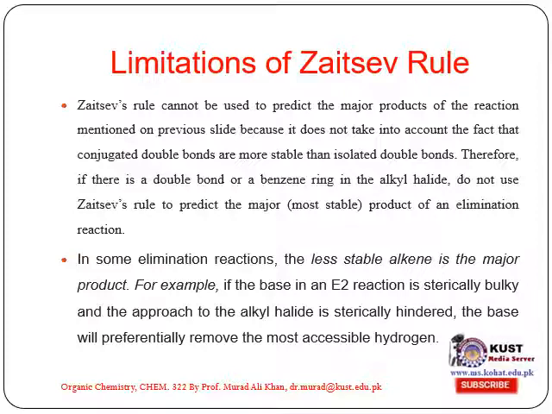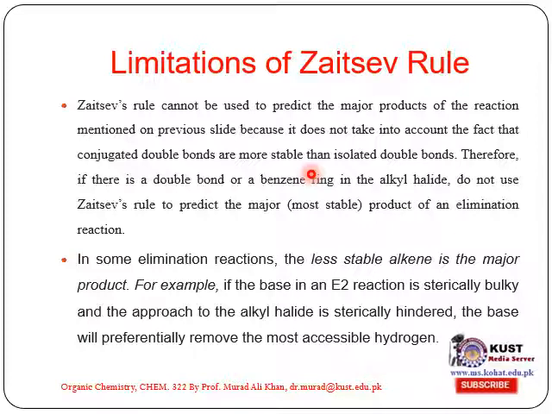Now we will come to the limitations of the Zaitsev rule. The Zaitsev rule cannot be used to predict the major product of the reaction mentioned on the previous slide because it doesn't take into account the fact that conjugated double bonds are more stable than isolated double bonds. When conjugation is possible, the Zaitsev rule cannot be applied.